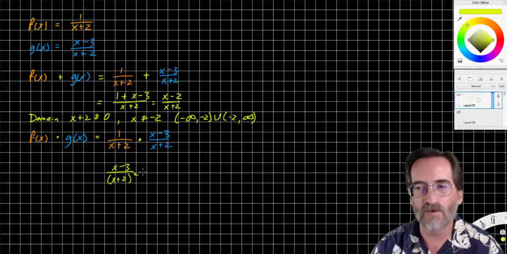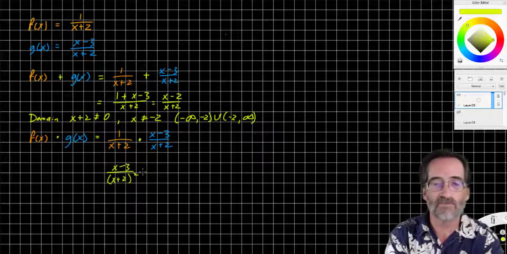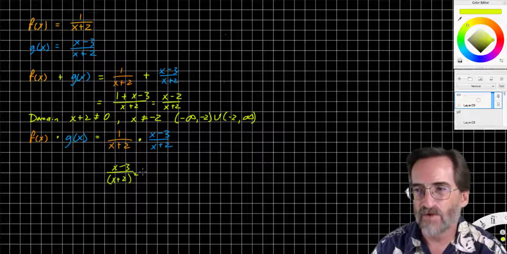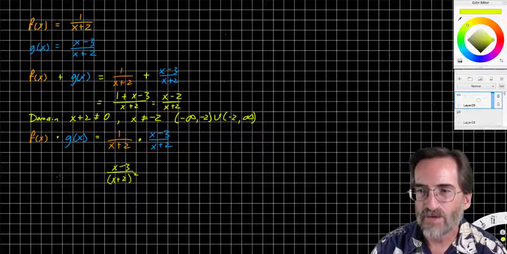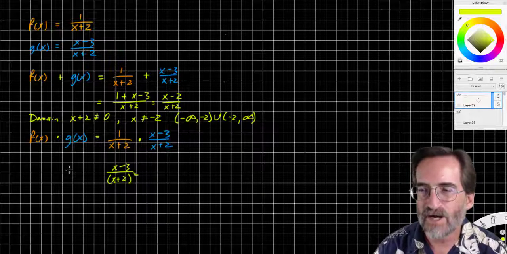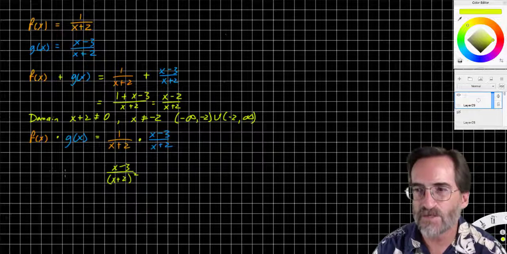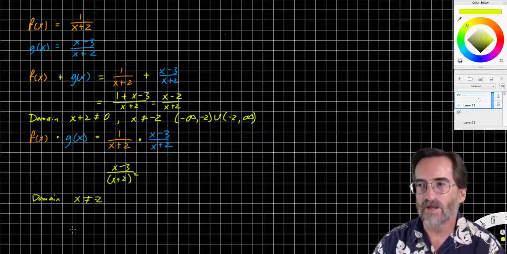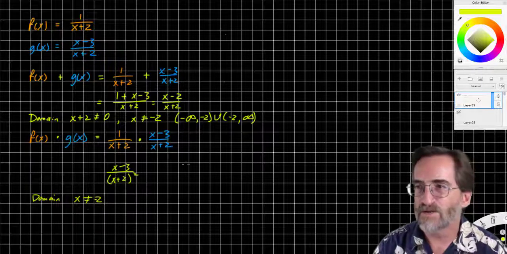We could square it, we get x squared plus 4x plus 4, but we want to be able to simplify if we need to. And so that's the product f of x times g of x. Again, domain restrictions: we can't let x plus 2 be 0, so x cannot equal negative 2.